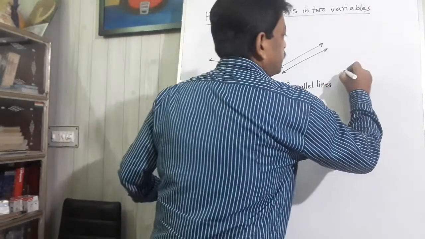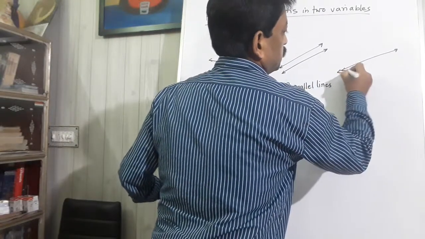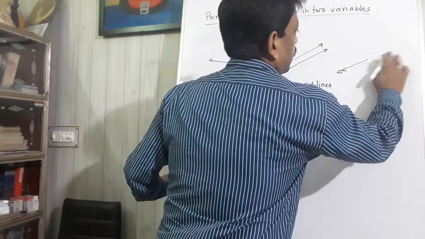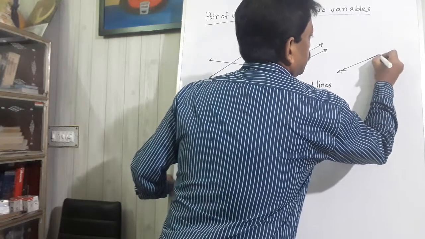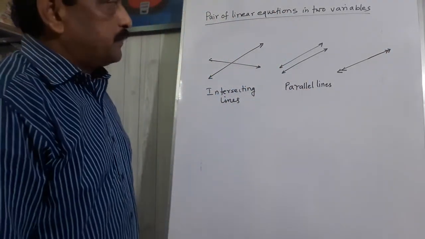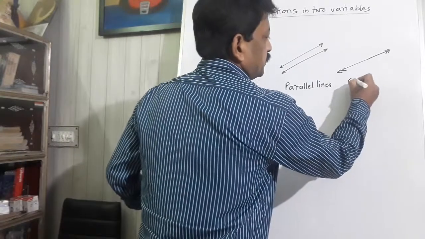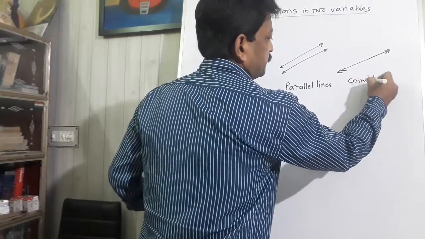Or two lines can be coincident lines, means one line is lying on the other. Both are superimposed on each other. So this is a coincident line. These two are coincident lines.